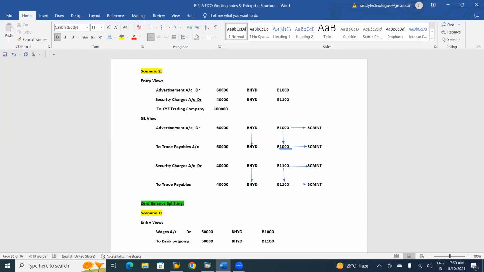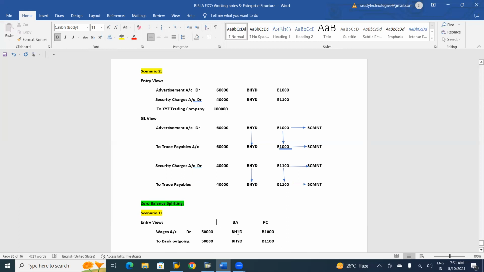At which level is it not matching? This is business area, and this is profit center. At which level is the debit not equal to credit? By looking at this transaction. See here, wages account debited to credit, the amount is matching, there is no issue.